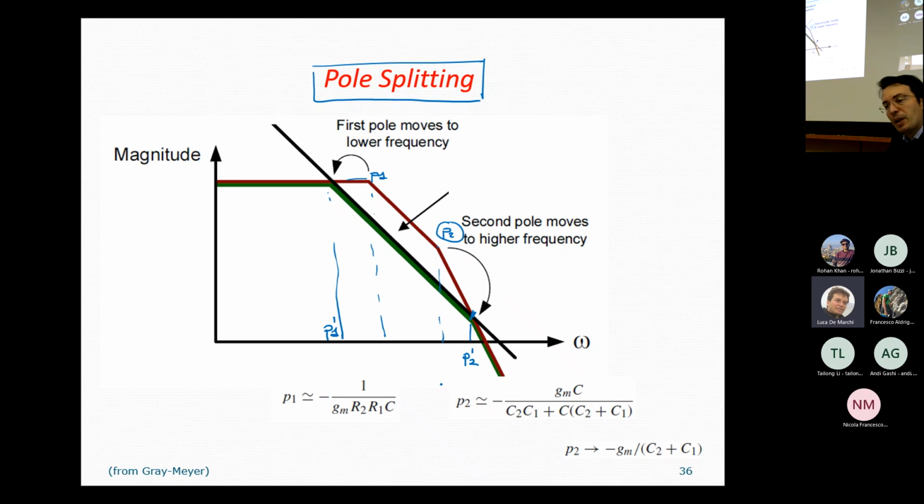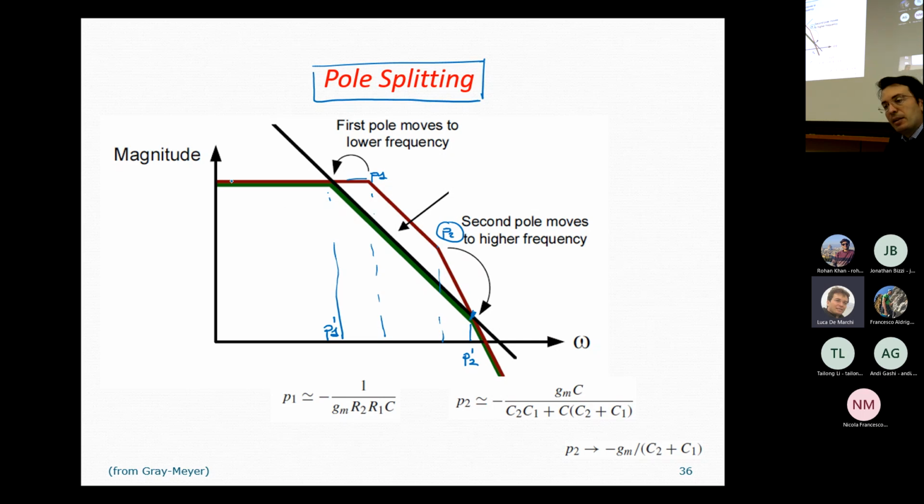Okay, so we have the minus 6 dB per octave decrease in the magnitude after P1 prime, and the minus 12 dB per octave after P2 prime.